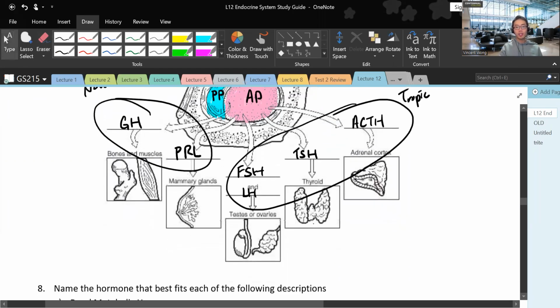Okay, you probably are sick of me saying this already, but let's do it. FSH and LH will cause the testes and the ovaries to release things like testosterone, estrogen, and progesterone, right?